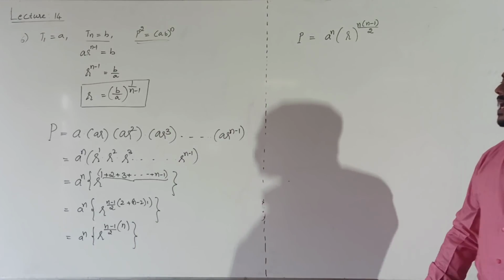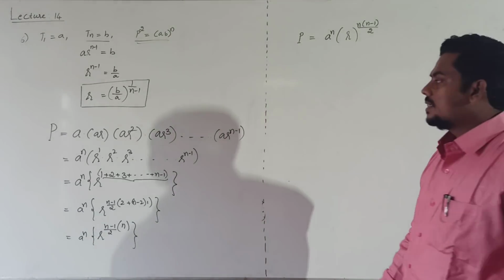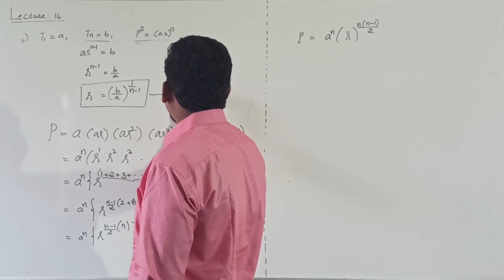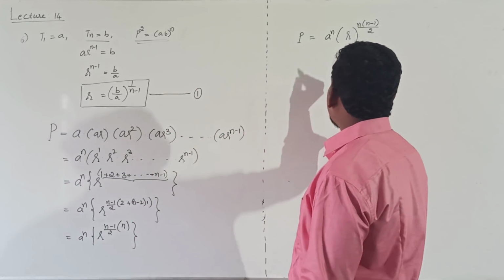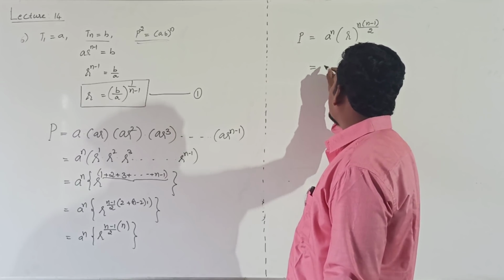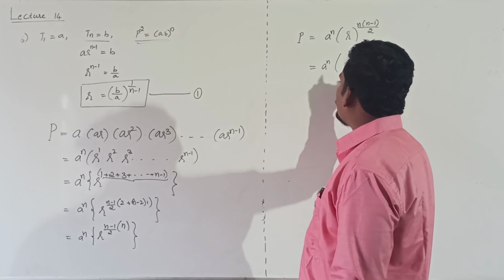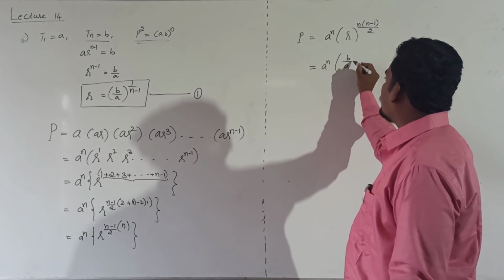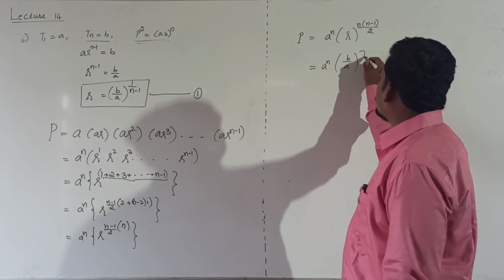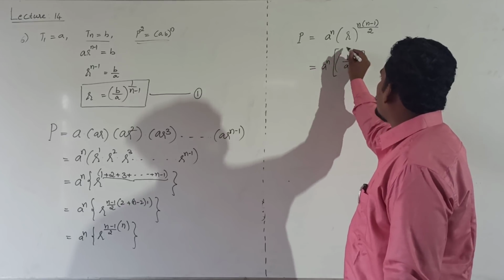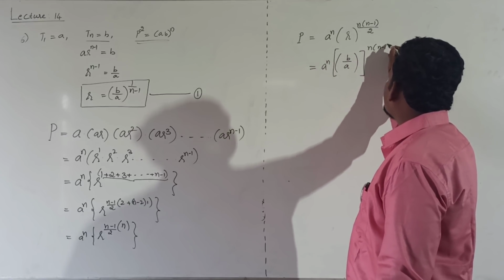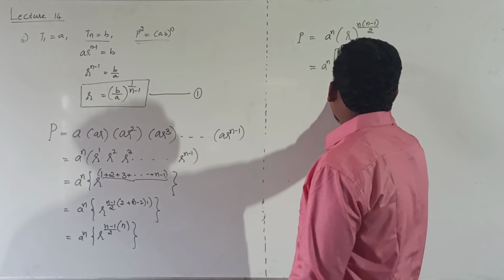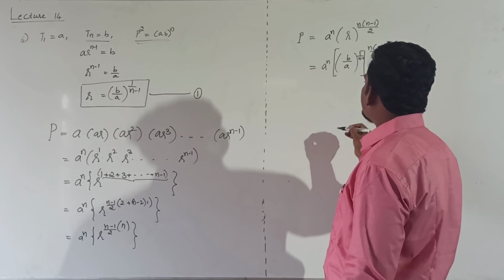After that, replace the r value from the given data, or take it as equation number 1. Replace the r value here: a^n into, in this case, r is b by a, whole thing power n(n minus 1)/2, where r is (b/a)^(1/(n-1)).